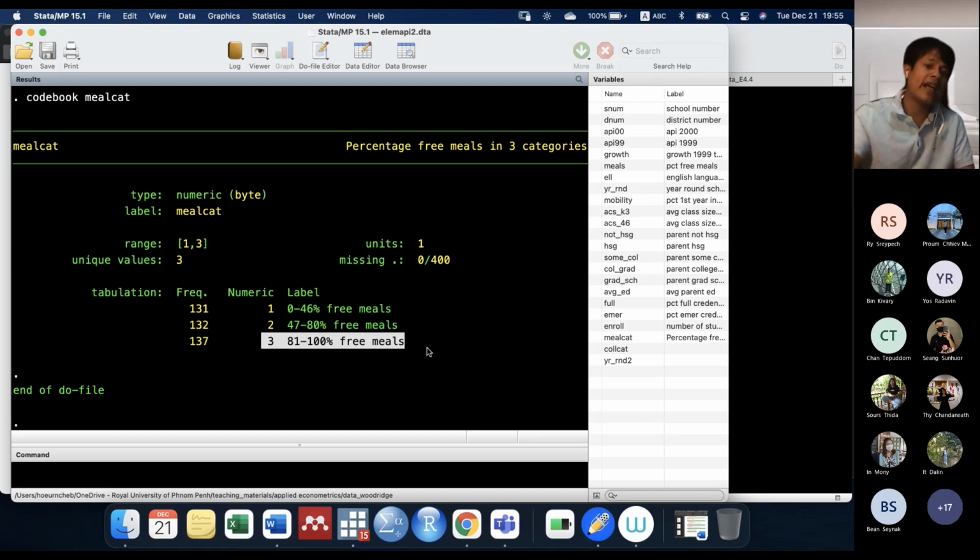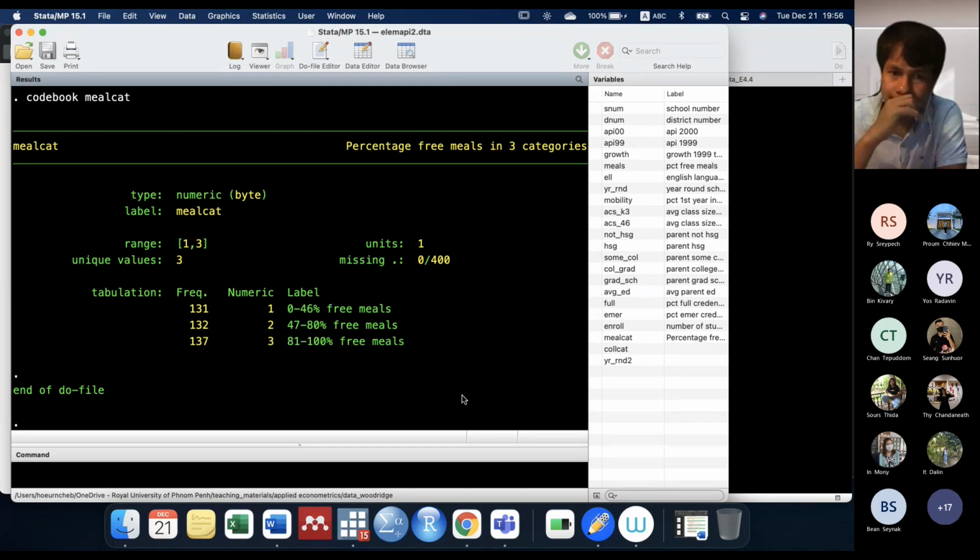Category 3 is 81 to 100% of students receiving free meals. So a school in a higher category means a school with a higher incidence of poverty. Based on this, we should assume that schools in a higher category should have lower academic performance. Let's see.